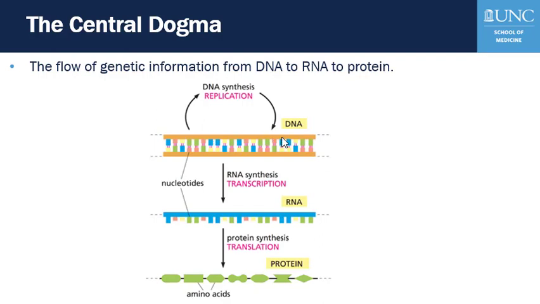The DNA in that gene is transcribed into an RNA molecule, which acts as an intermediary and carries the information from the DNA to the ribosome. And at the ribosome, that RNA is translated into a sequence of amino acids that make up a specific protein.